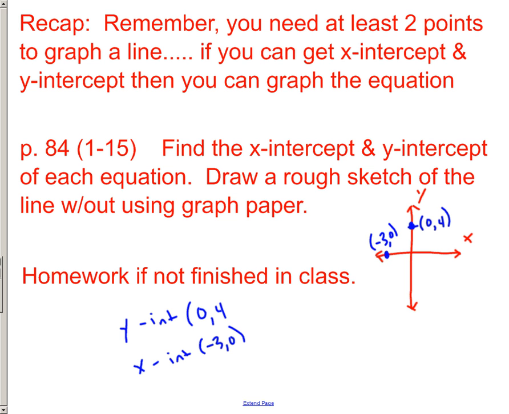And then I'm going to just roughly connect these 2 points. Hopefully yours will be a little bit neater than mine, since you're using paper. So that's what we're going to do. We're going to label the y-intercept and x-intercept right here on a hand-drawn Cartesian plane, and we don't need to graph with all the lines and everything else. We can just literally make these values be what we need them to be, and then we just connect it.